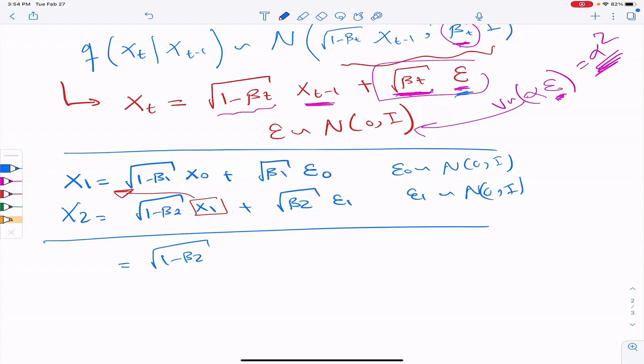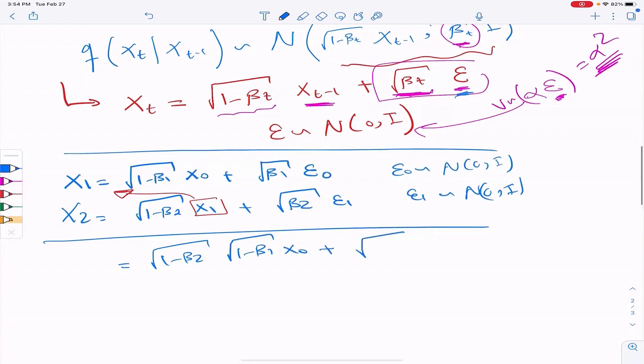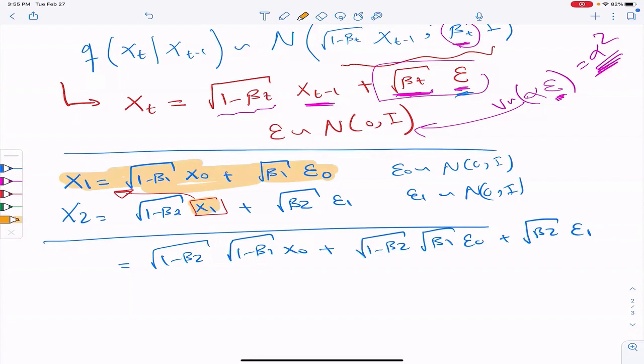Now, instead of x1, I'm going to replace the previous equation, which is square root of 1 minus beta 1 times x0 plus square root of beta 1 times epsilon 0. This is multiplied by square root of 1 minus beta 2, plus square root of beta 2 times epsilon 1. So all I did was replace x1 with the equation that I have.